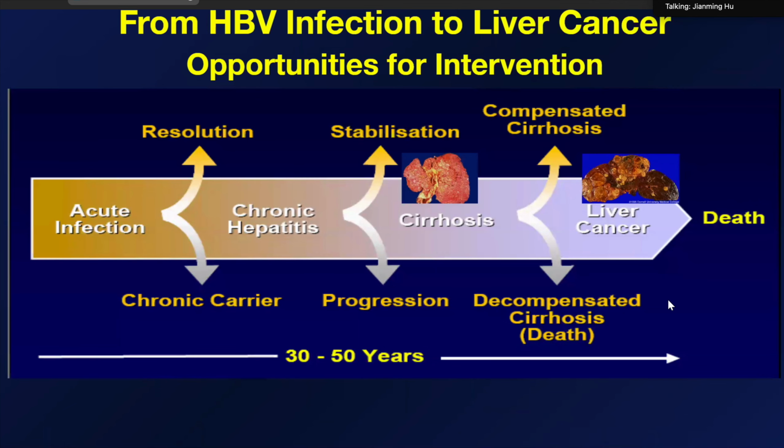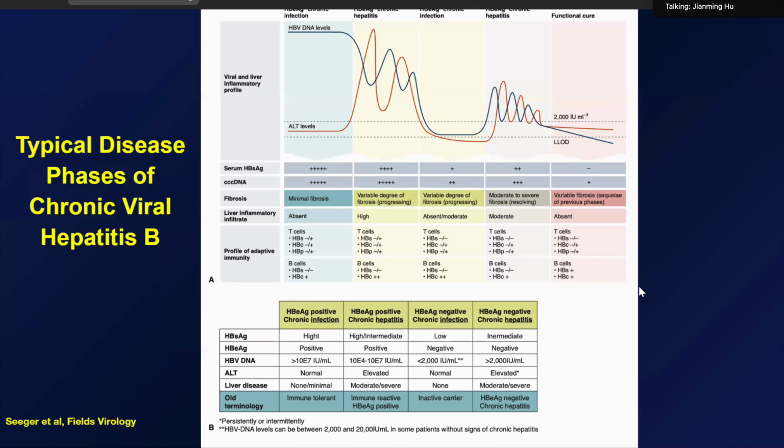In terms of natural history, this basically says it's a long process that provides opportunities for antiviral therapy, and of course for vaccine to prevent infection, and then we can prevent all the consequences. Next, please. In terms of the natural history, the most recent identification is that we have moved away from the previous classification of four different stages.